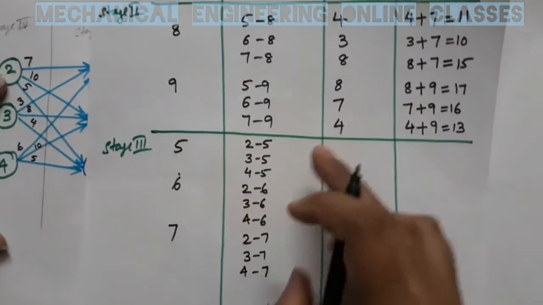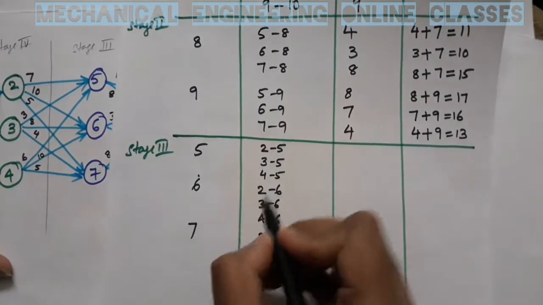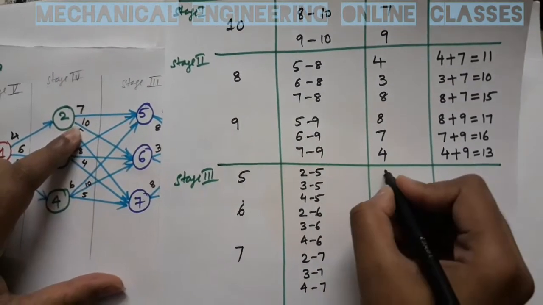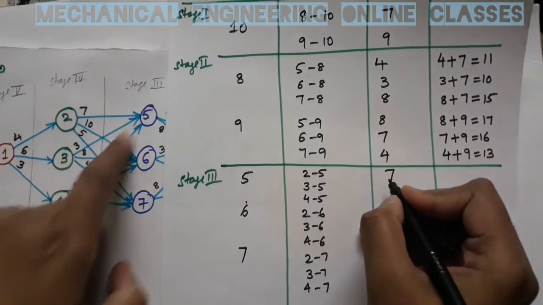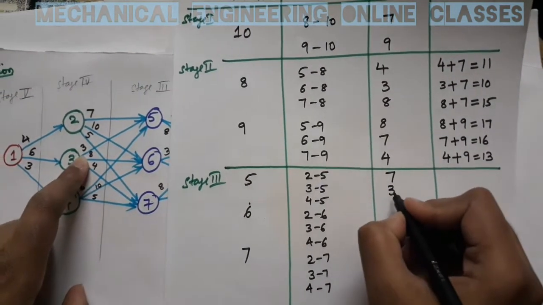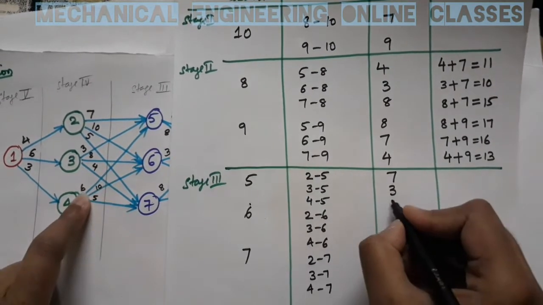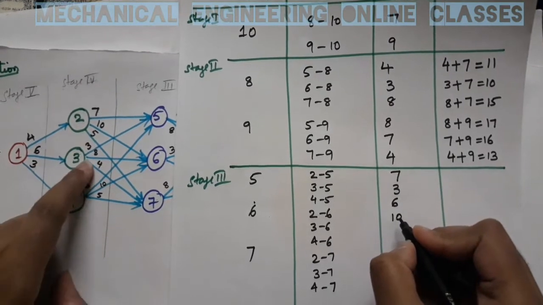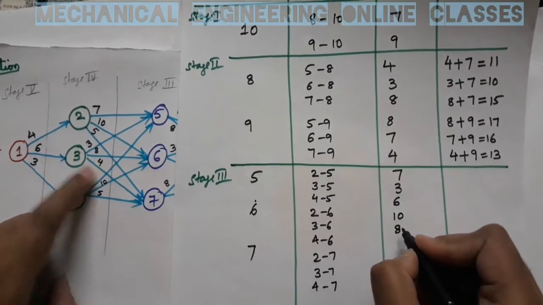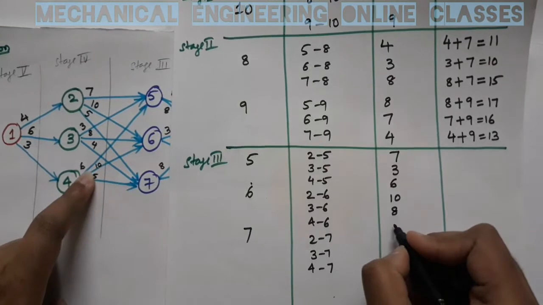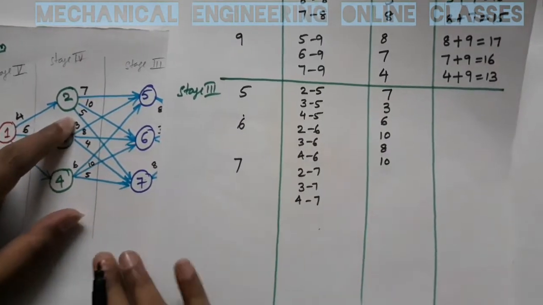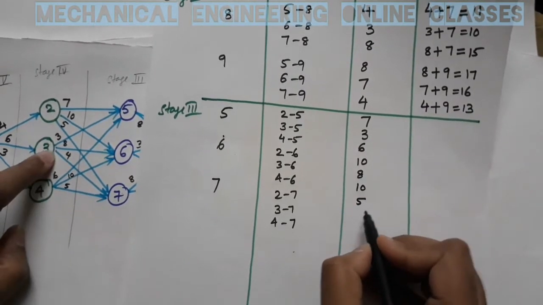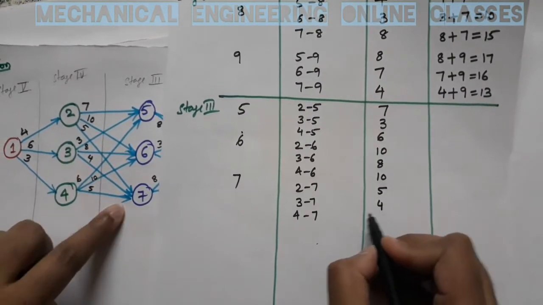Now let us write down the actual distances from the map. 2 to 5 is 7, 3 to 5 is 3, 4 to 5 is 6, 2 to 6 is 10, 3 to 6 is 8, 4 to 6 is 10, and 2 to 7 is 5, 3 to 7 is 4, 4 to 7 is 5.